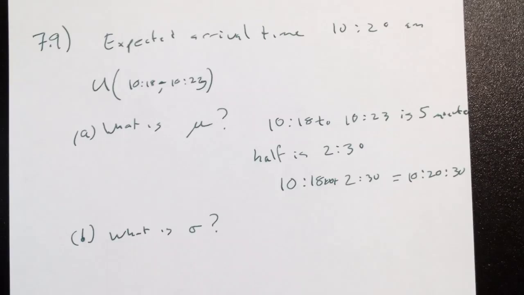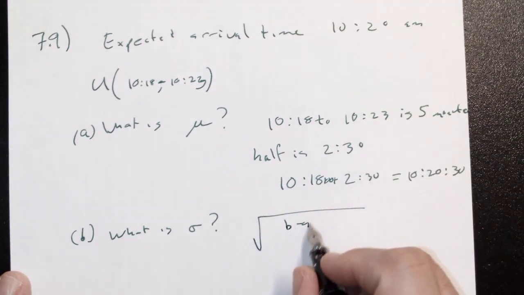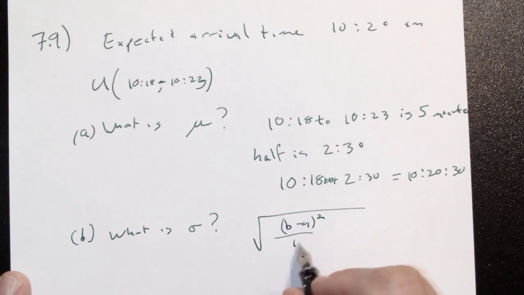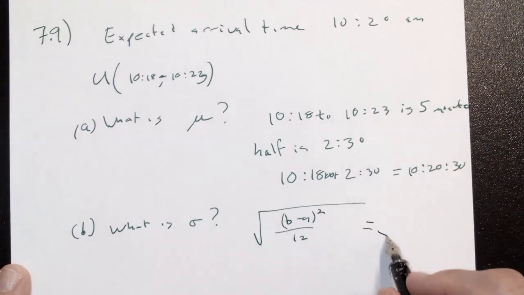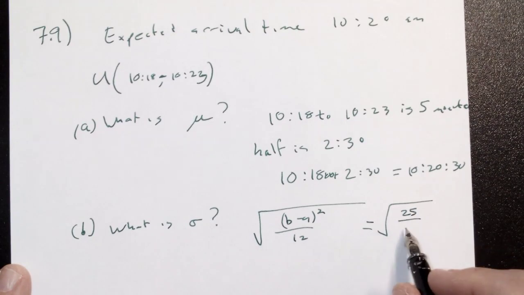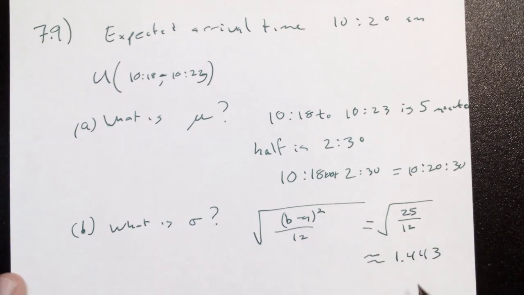Square root of (b minus a) squared over 12. B minus a, that's the length. That's 5 minutes. 5 squared is 25. Divide by 12. And 1.443, you said? Minutes.